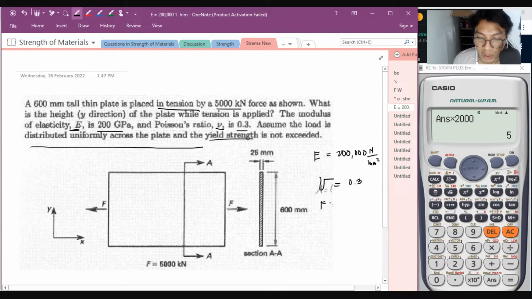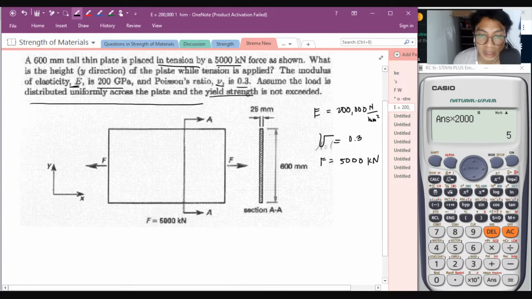Tapos, yung force that is applied is 5,000 kilonewton. Now, we are ought to find first the area ng cross-section. The area of the cross-section is equal to 25 mm by 600 mm. So, 25 by 600 mm squared.